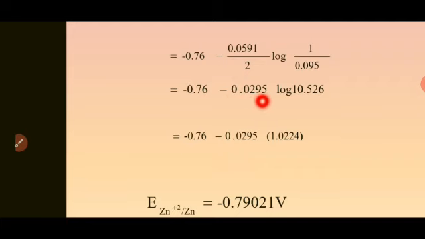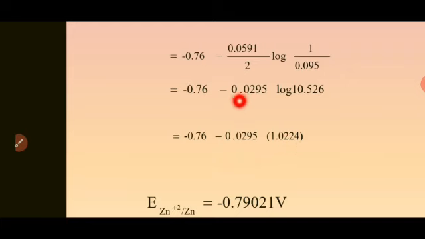0.02955. In some books it is given as 0.0295, or you can write 0.0295 into log of, now we have to find out this 1 upon 0.095 and it comes as 10.526. Already you have learned how to find out the log value. Then by using the log table, it comes as 1.0224.